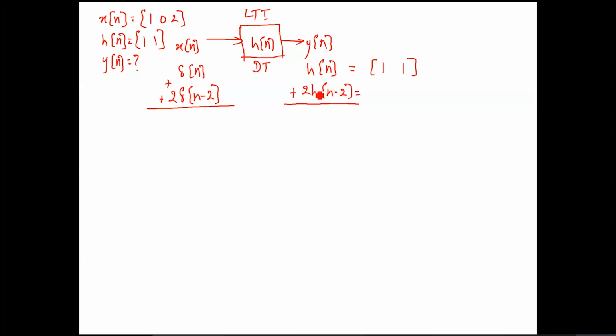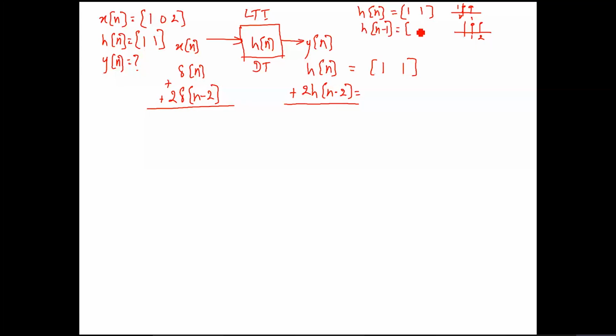So what is 2 times h of n minus 2? If h of n is 1 and 1, what should be h of n minus 1 or h of n minus 2? Let's just take h of n minus 1 first. It should be h of n shifted right by 1 unit. So if this was, let's say, 0 and 1 having 1 here, then this should be shifted right by 1 unit, to 1 and 2.